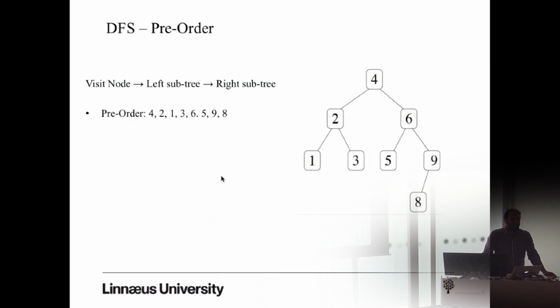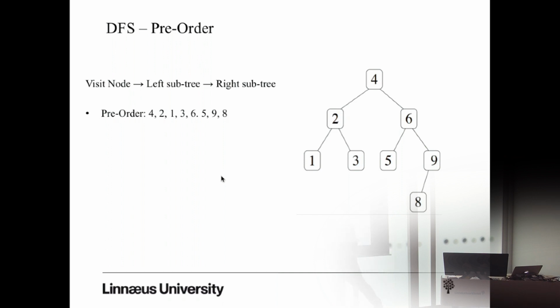So, for example, here, if we have this binary search tree and we apply the pre-order, it means we visit the node first, starting from the root. We visit the root node 4 first, then we go to the left side, and on this left side we visit the node itself first.